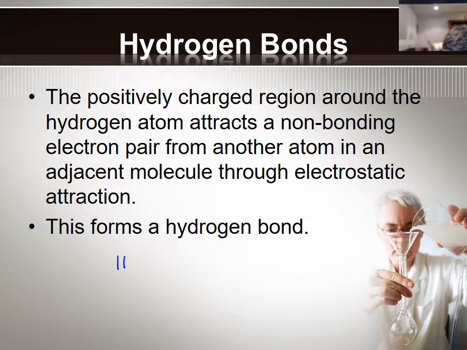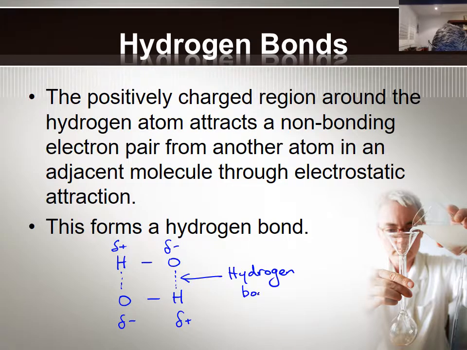So if I redraw my hydrogen-oxygen, a slight positive here and a slight negative here, and then another one was to come close, obviously oriented in the opposite direction because we know opposites attract, then the attraction between these two bonds is what is known as a hydrogen bond.